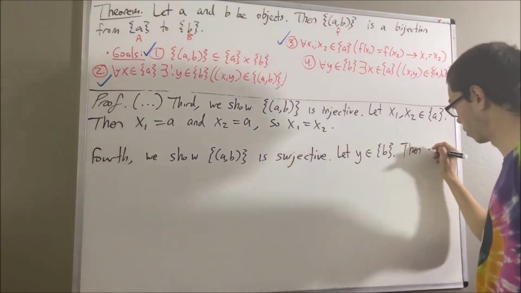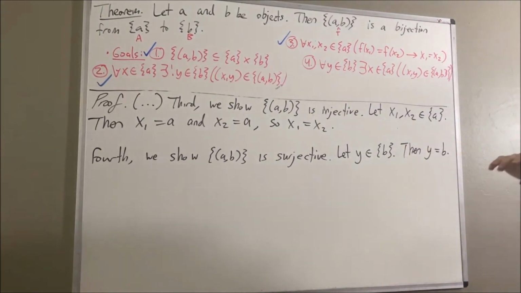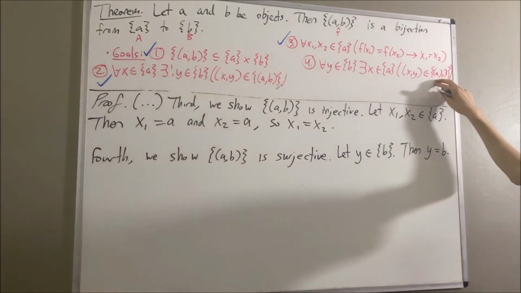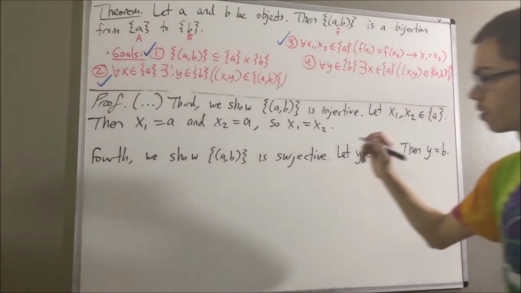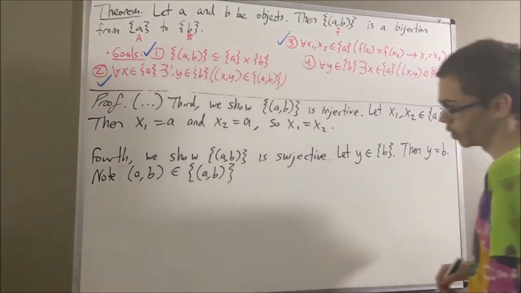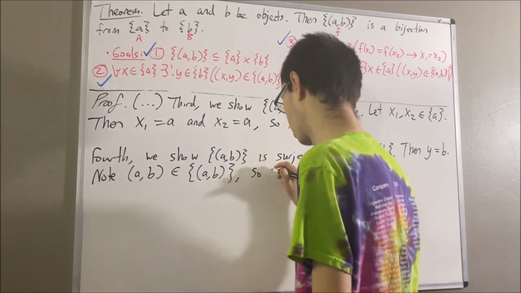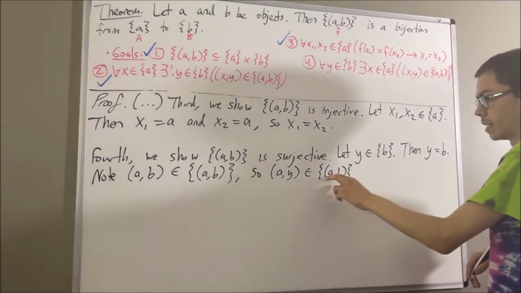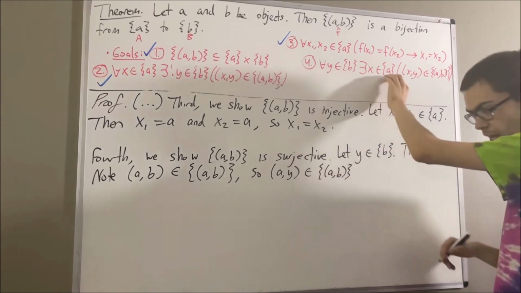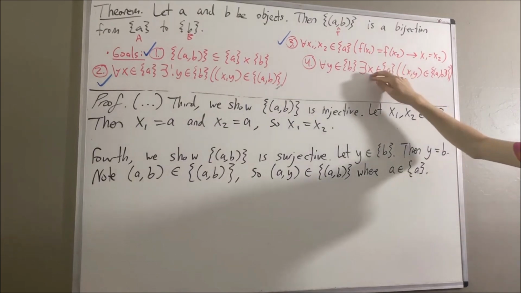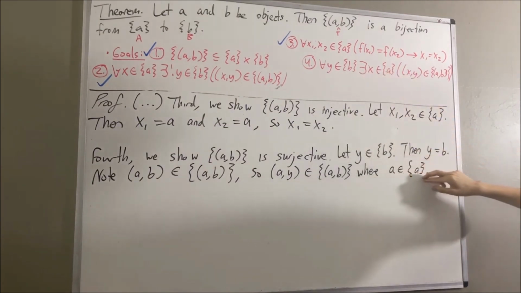Now, we know that since Y is an element of the singleton set of B, Y is equal to B. And again, let's note that the ordered pair A comma B is an element of the singleton set of the ordered pair A comma B. And since Y is equal to B, we can replace the B here with Y. And let's also note that A is an element of the singleton set of A. And so, if we take X to be A, well, yeah, A is an element of the singleton set of A. That's what we have here.